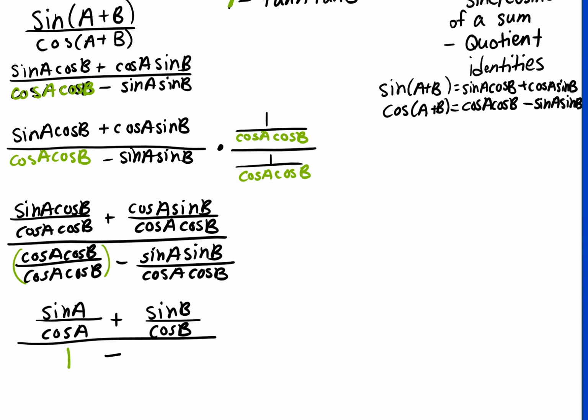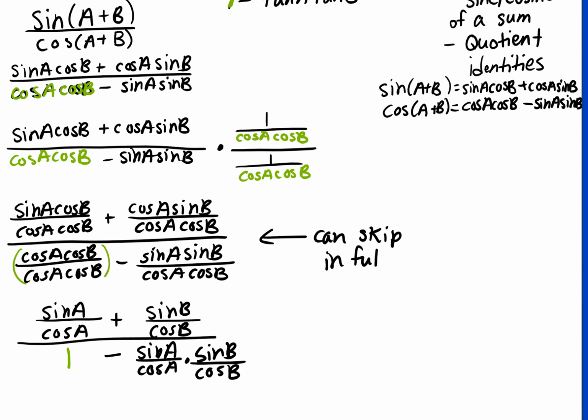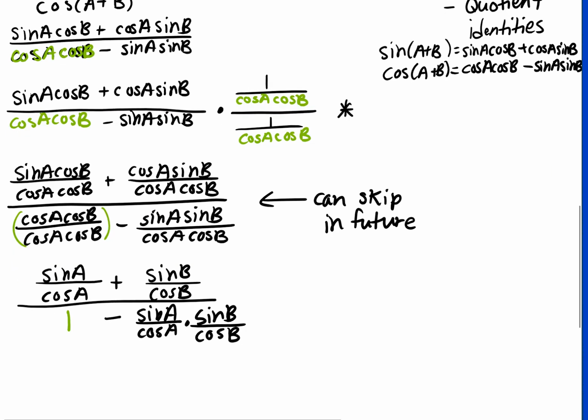Minus, and then this is going to stay sine A over cosine A. I'm just going to separate it into 2 fractions so that it's easier to see my next simplifying step. I think for this proof, the first time you see it, it helps to have it all distributed in to see what cancels. But you at least need to show this step here and the previous 2 steps, and then you can jump right down into the current step that I'm at.